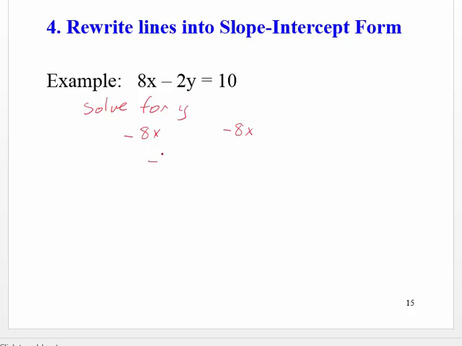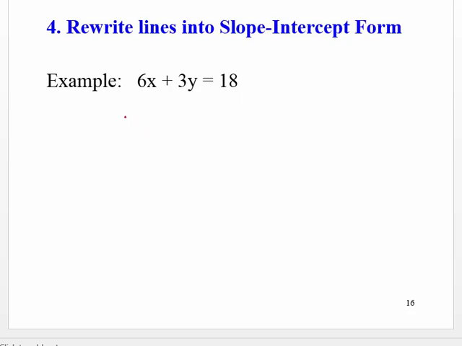And we get minus 2y is equal to minus 8x plus 10. Divide by minus 2. y is equal to minus 8x over minus 2 plus 10 divided by minus 2. And then y is equal to, that becomes 4x minus 5.